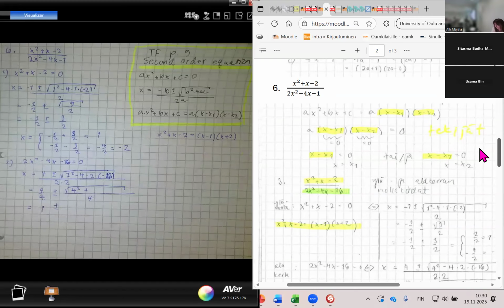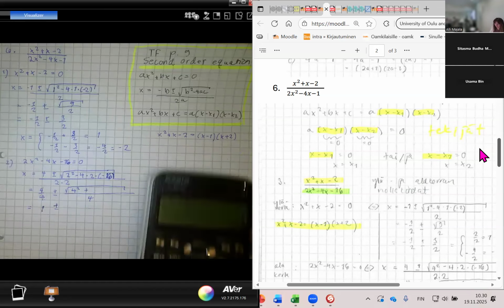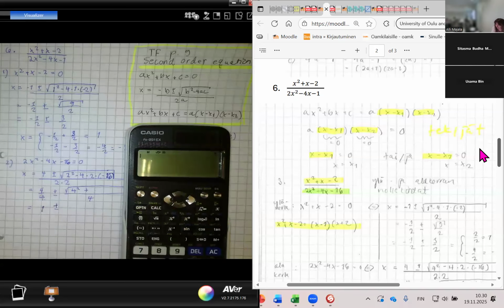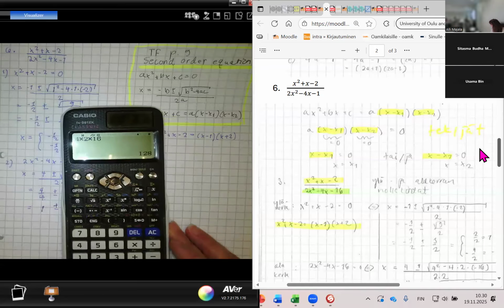So then I get something different here, obviously. Some a bit bigger number. And I already take my calculator. So I would have 4 times 2 times 16, which would be 128.